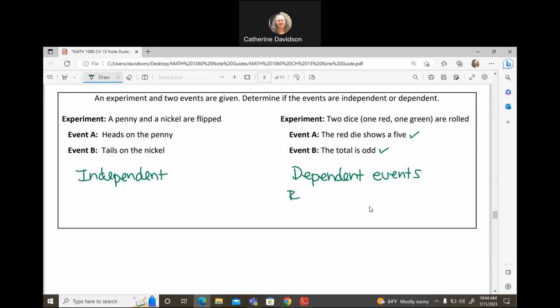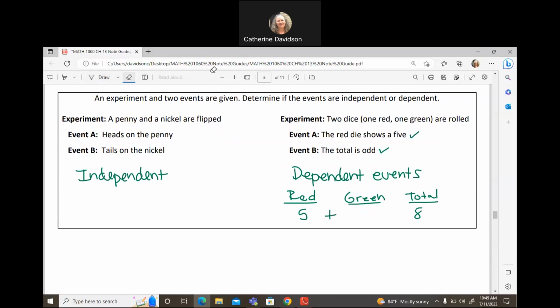Okay, so let's just look at this. You may need a little breakdown. You have red and green and the total. So if we roll a 5 on the red, and then if we roll another 5, or even something like a 3 on the other dice, that total is going to be 8, which is not odd, it's even.